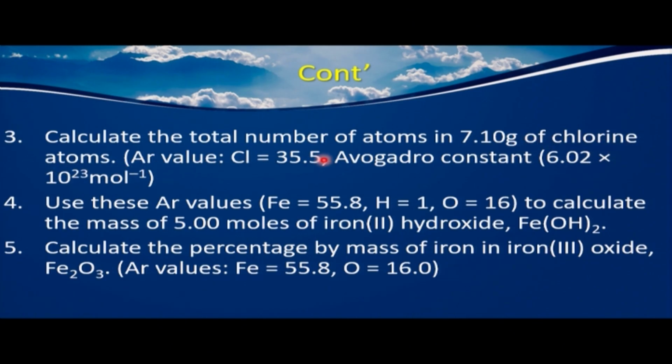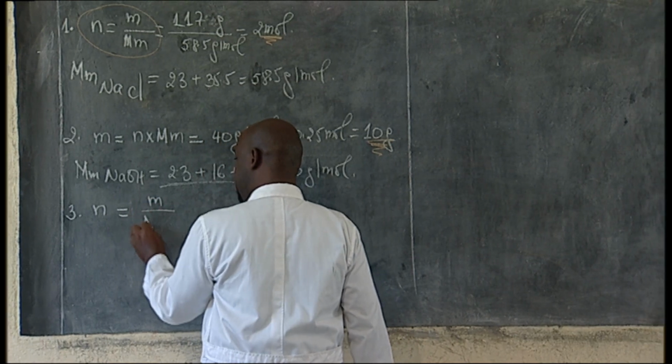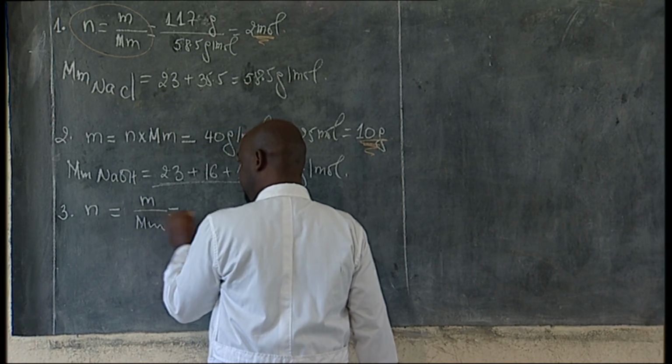To get this, we use Avogadro's number. But the Avogadro's number gives us the number of atoms in 1 mole. So we have to find the number of moles in this mass of chlorine. So how do we get the number of moles? We know that number of moles is equal to mass over molar mass.